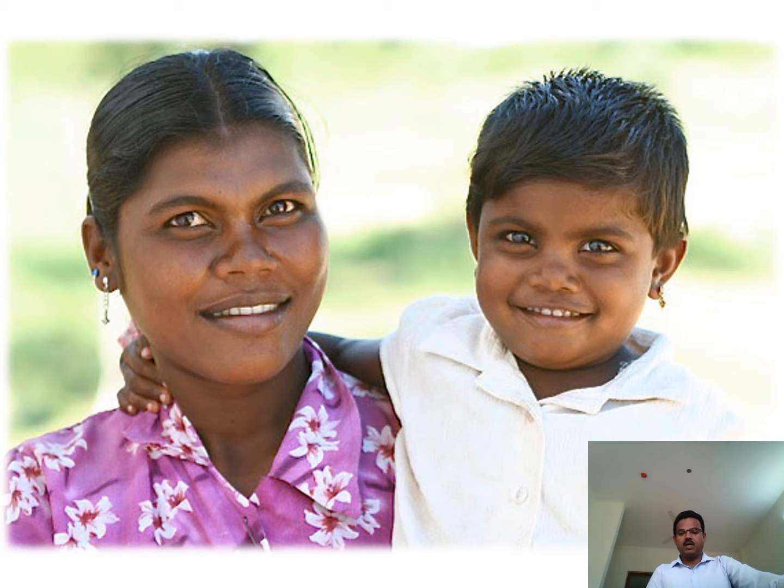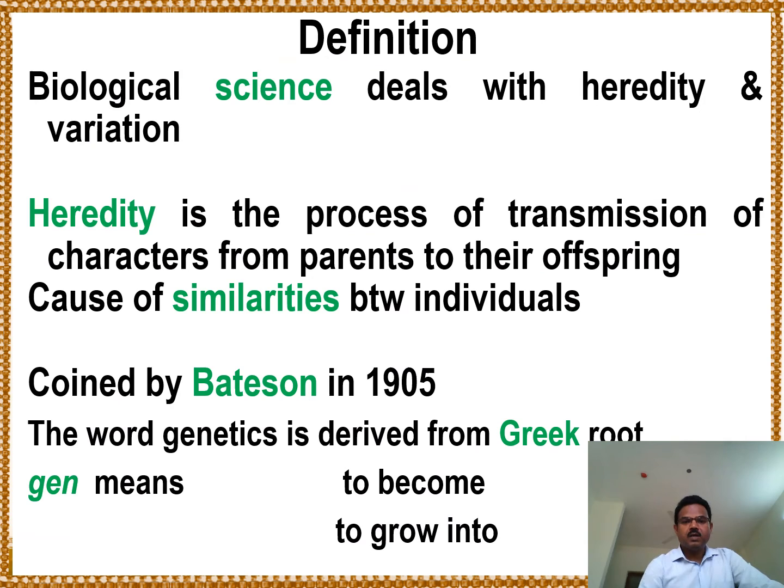So that we will call heredity. It is a biological science that deals with heredity and variation. Heredity is the process of transmission of characters from parents to their offspring, which is responsible for similarities among the individuals.